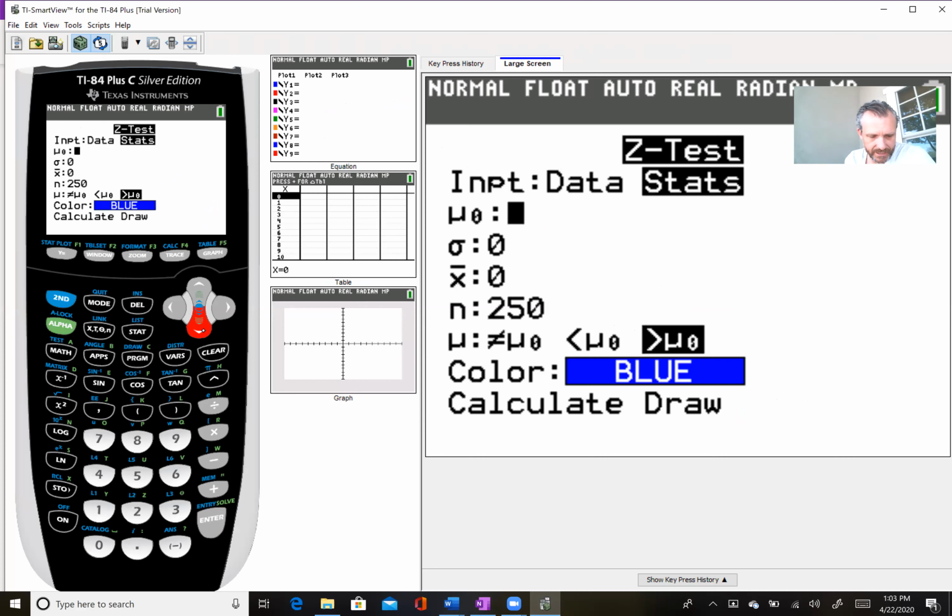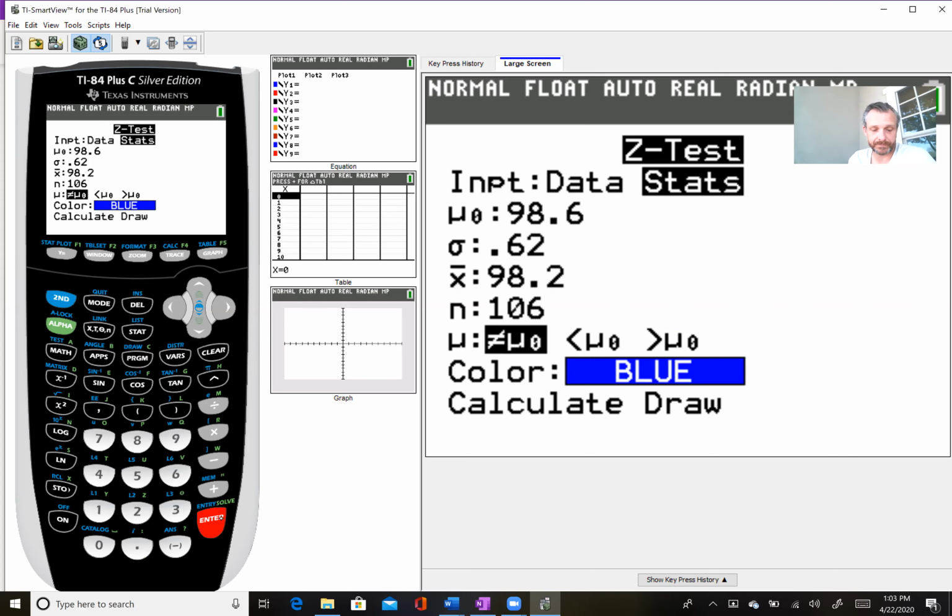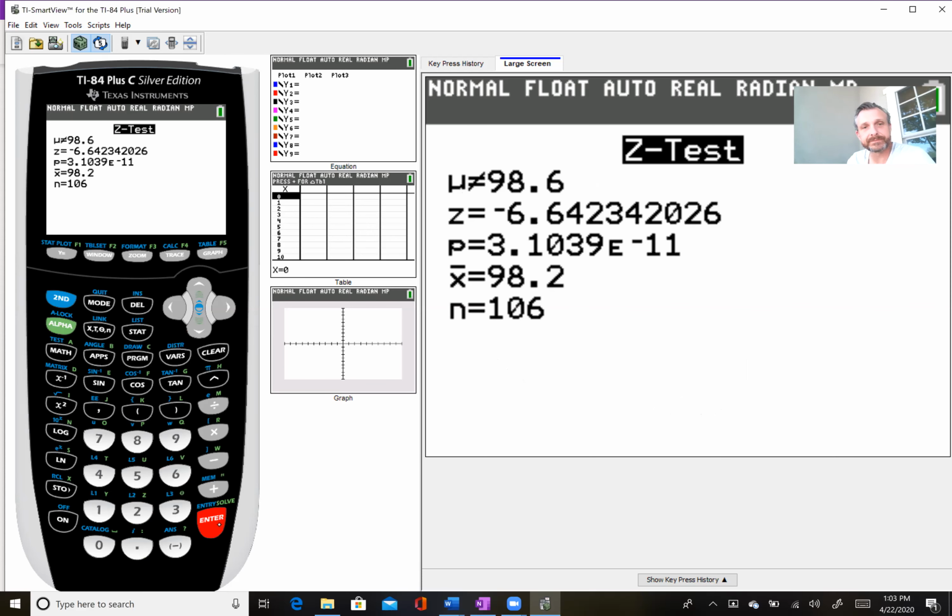So we're making a claim that the mean is 98.6. Sigma is 0.62. The X bar that came from the study was 98.2. Our sample size was 106. And our alternative hypothesis is not equal. Come down here to calculate. There we have it.